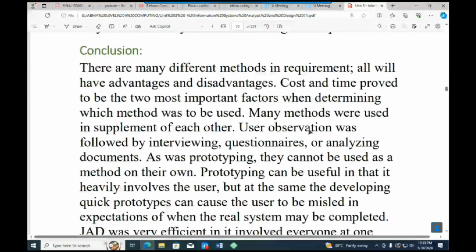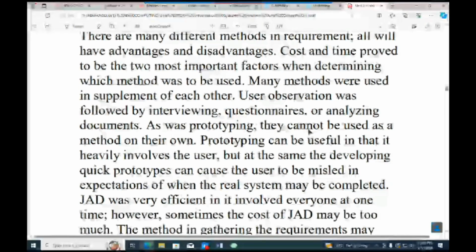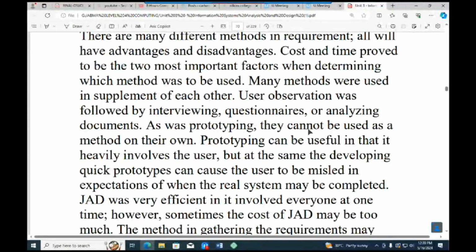So just to conclude on that, we have many different methods that are used in gathering requirements. All of these methods have their own advantages. They have their own disadvantages in terms of cost, in terms of time. But cost and time are the most important factors when you are deciding which method to use.